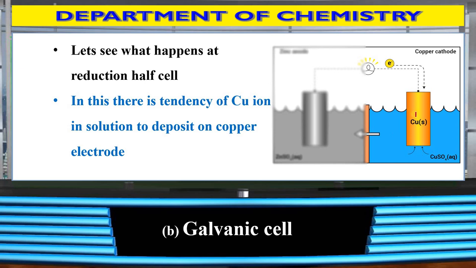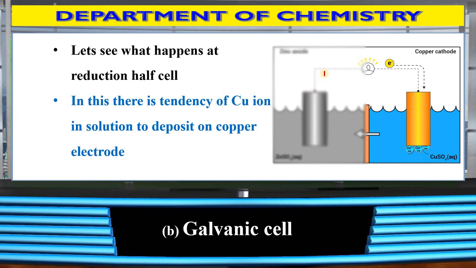In this cell, there is a tendency of copper ions in the solution to deposit on the copper electrode. In the copper sulfate solution, copper carries positive charge and SO4 carries negative charge.